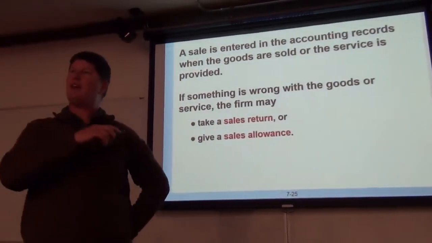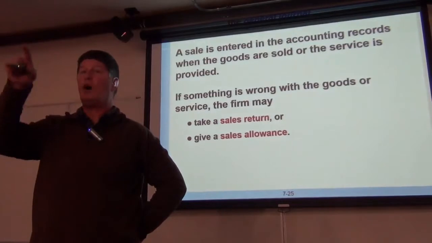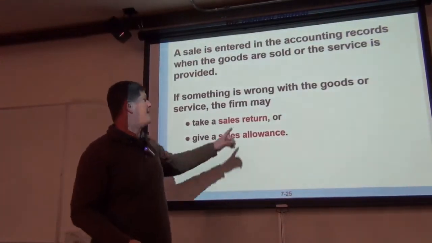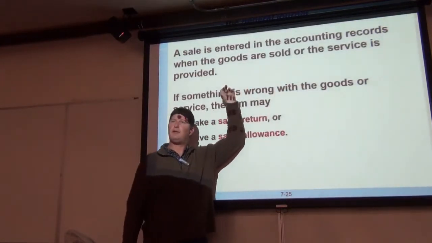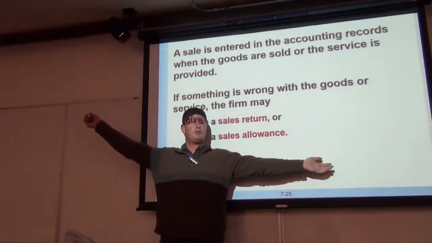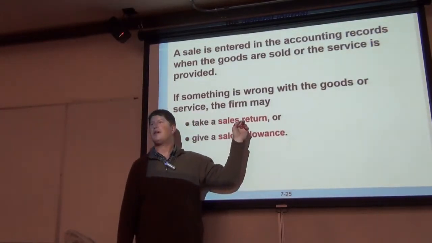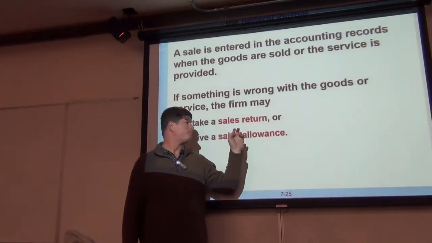So I want to have an idea of how much my returns actually are so that I can watch what those costs are doing. And if I just net it against my sales account, sales are a credit, so every time I do a return, it's a debit. How do I know how much returns I took? I don't. So we create a returns account just for that. Good? Okay.